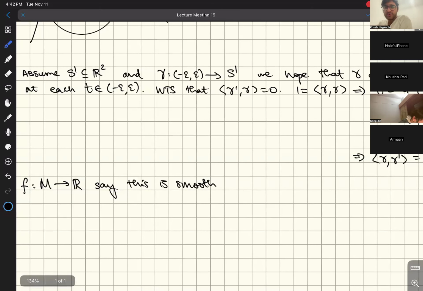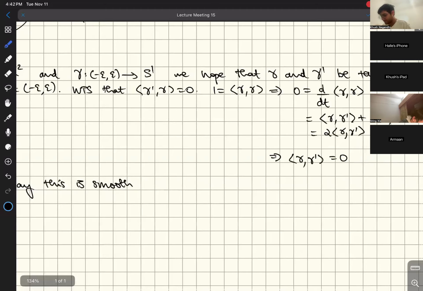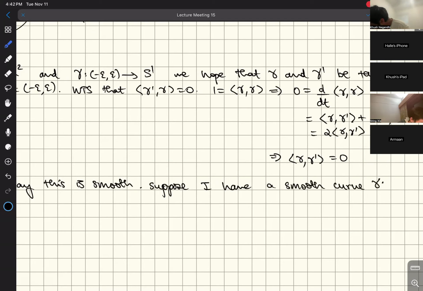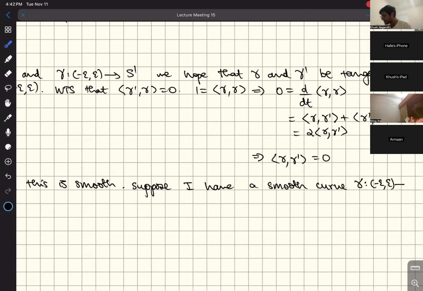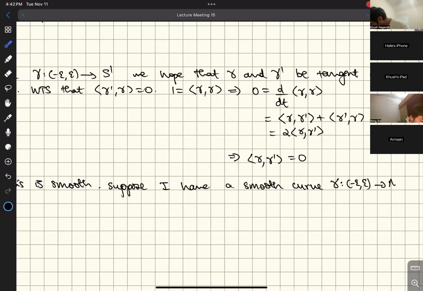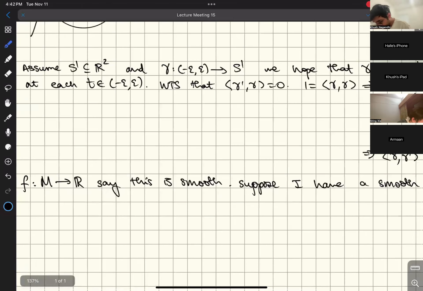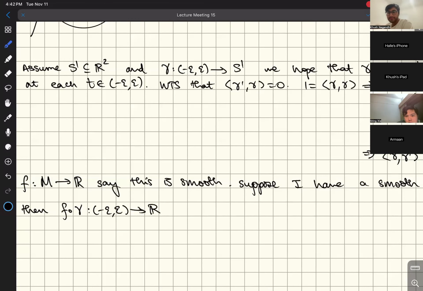Now suppose I have a smooth curve gamma from negative epsilon to epsilon into my manifold. Then F composed with gamma is a curve from negative epsilon to epsilon into R. So it's a curve on R. Does that make sense?